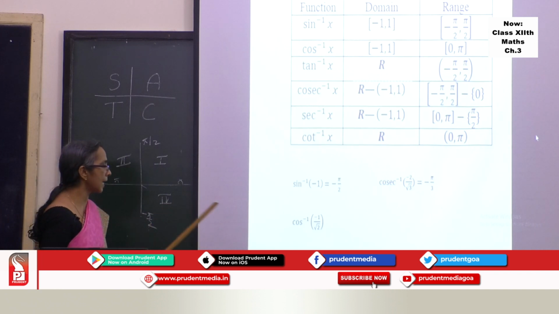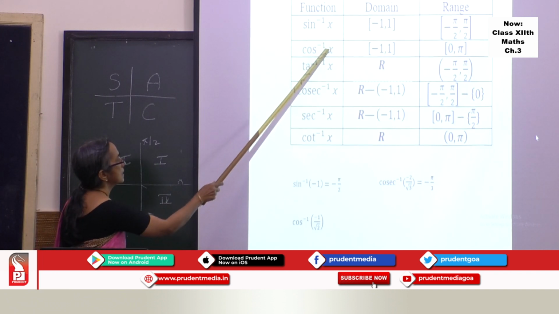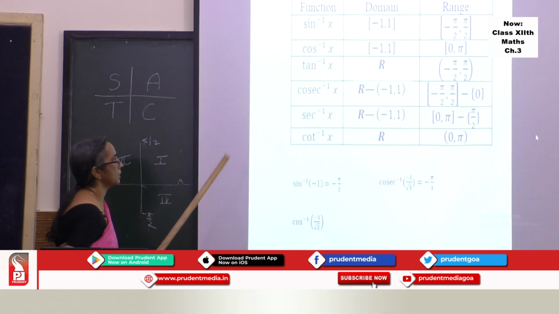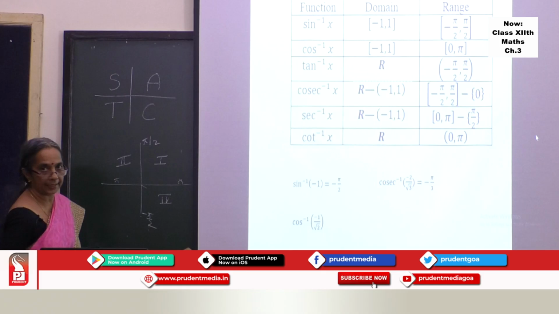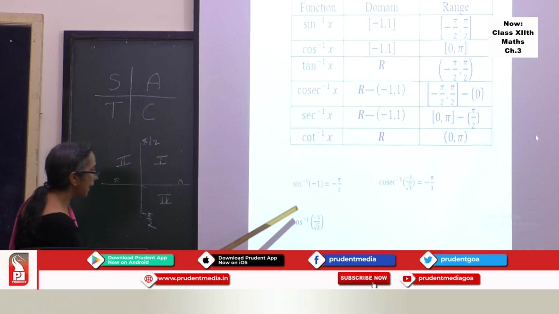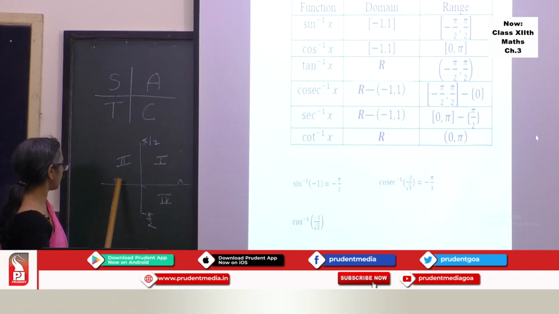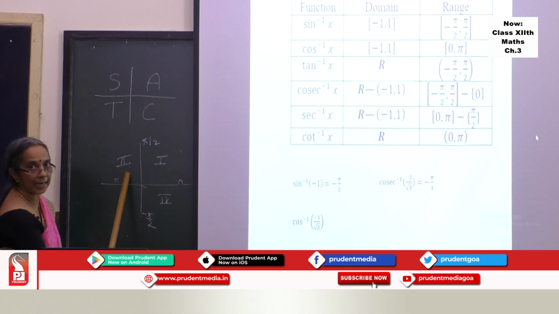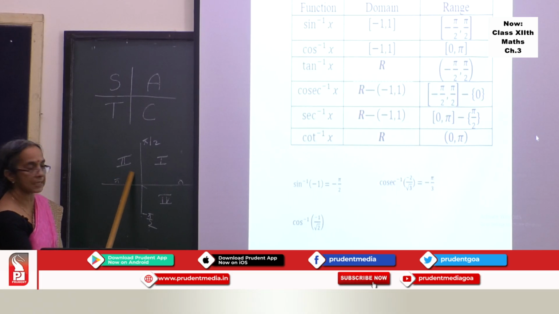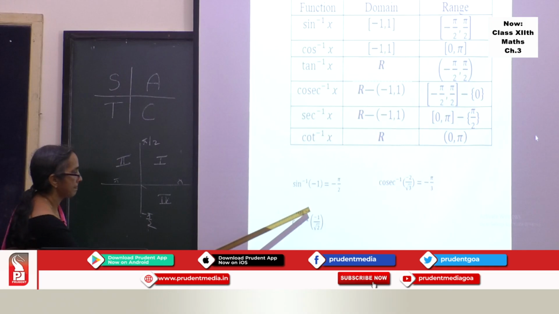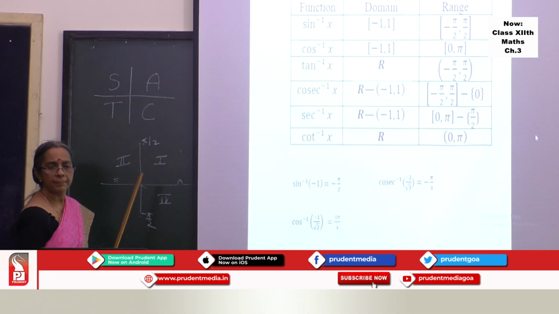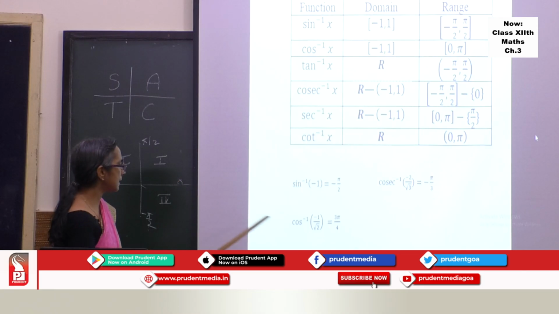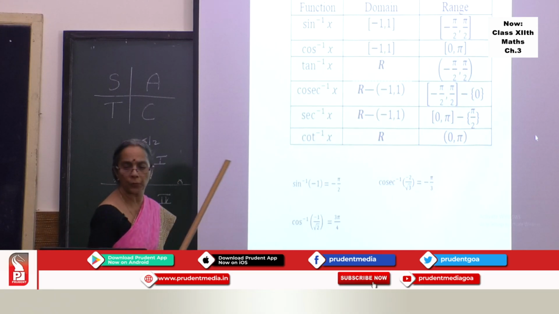For cos inverse, sec inverse, cot inverse, you have to be a little careful. It should be an angle in the second quadrant, so it should be pi minus pi by 4, which is 3 pi by 4.